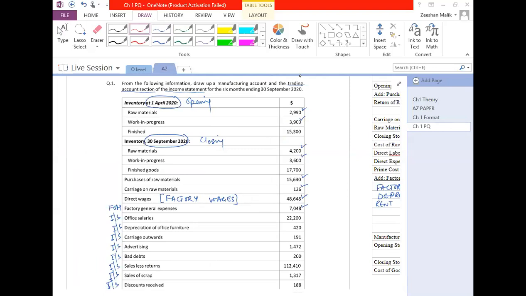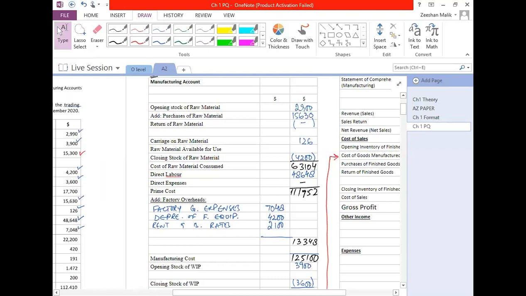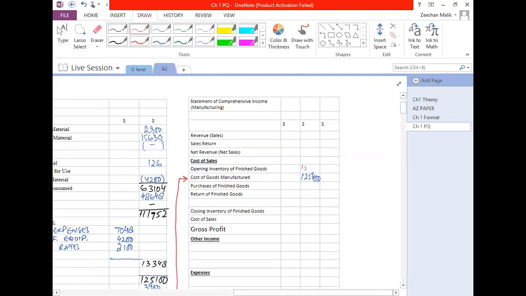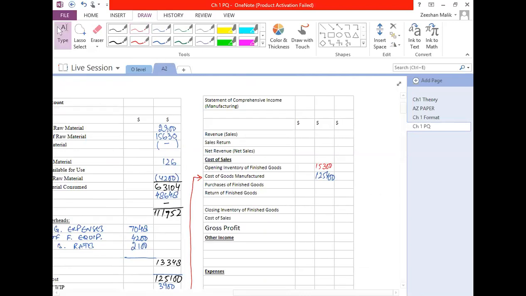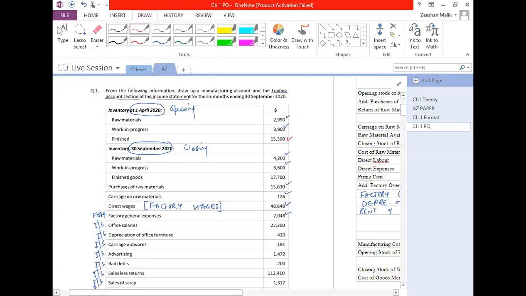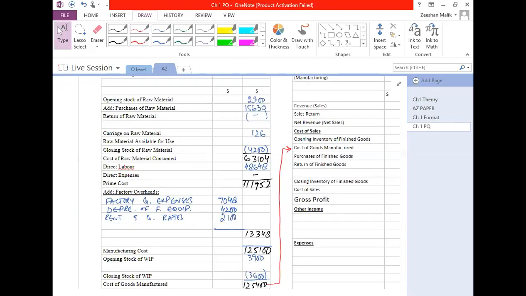Income statement items are finished goods inventory 15300, opening, and closing inventory 17,700.